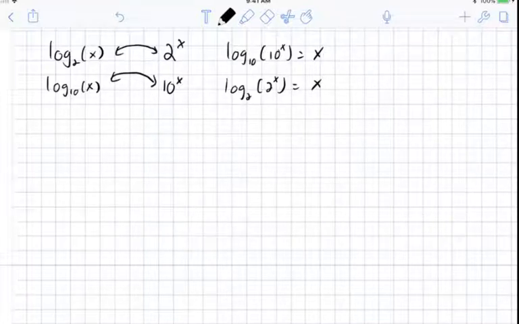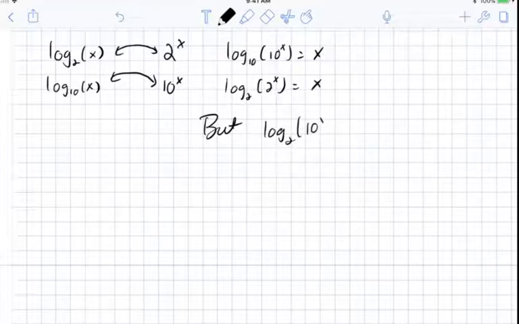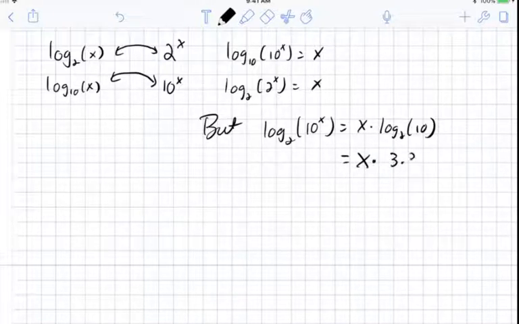But log base 2 of 10 to the x, according to that power rule, you rewrite as x times log base 2 of 10, and that's not the same. Here, let me calculate that. Ln of 10 divided by ln of 2. So this is equal to x times 3.321928... Okay? This number isn't equal to 1.